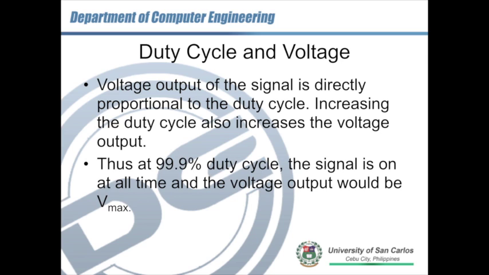So if you are generating a pulse at 50%, you are not generating the maximum voltage. Increasing the duty cycle also increases the voltage output, so we can now vary the voltage output by just varying the duty cycle.